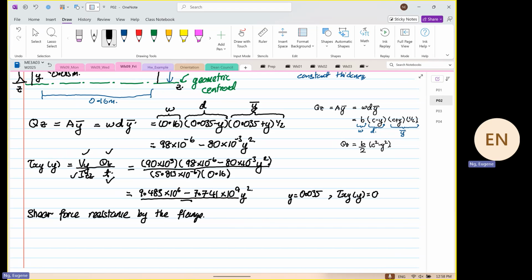What assumption did we make? It's okay when the area is constant, but what's the problem with that expression? If this is our normal stress, we assume that this is our average stress is equal to P over A.